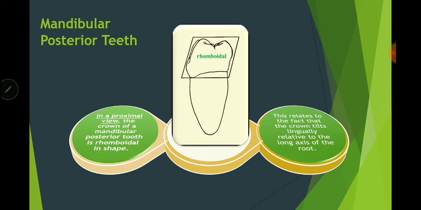This is because of the curve of Wilson. Remember when I mentioned in the previous reviews, that's why I said you have to look at reviews 1, 2, 3 before you get to review number 4. With the curve of Wilson, the crowns of the mandibular teeth incline lingually, and the roots of the mandibular teeth incline to the buccal. Okay.